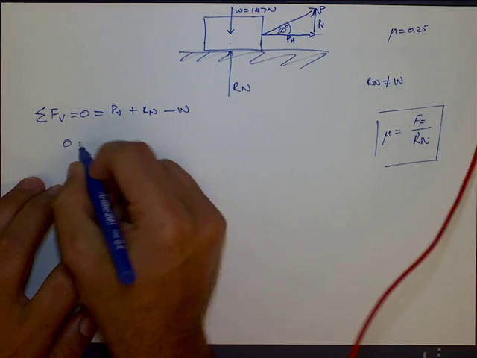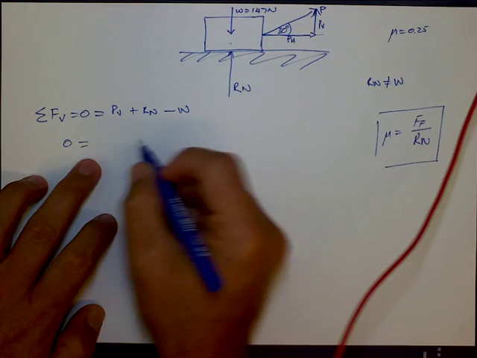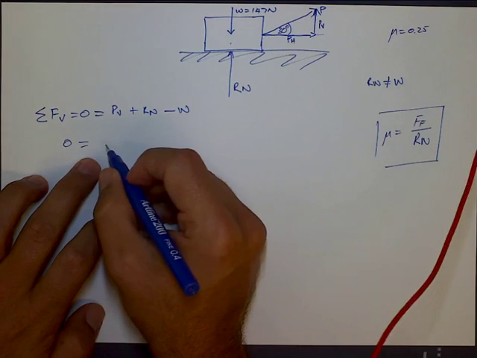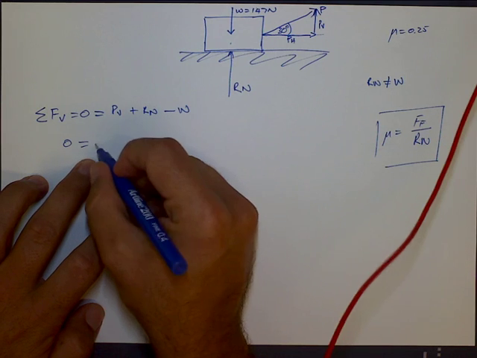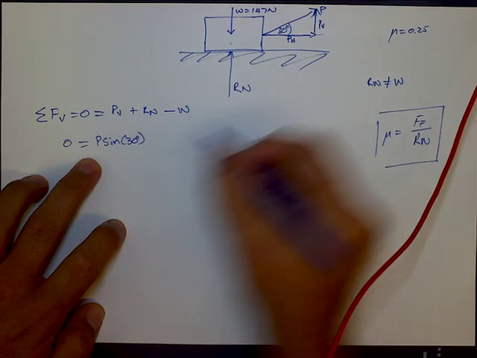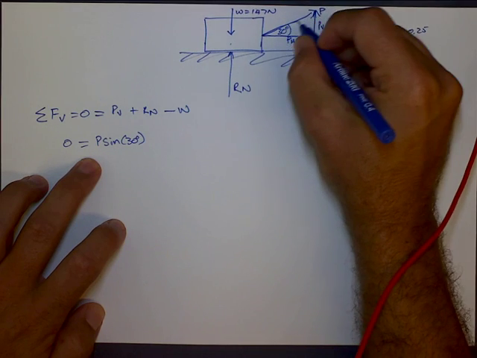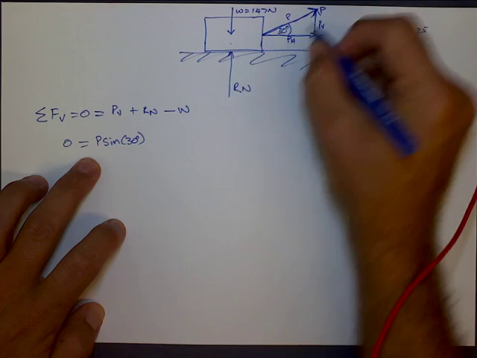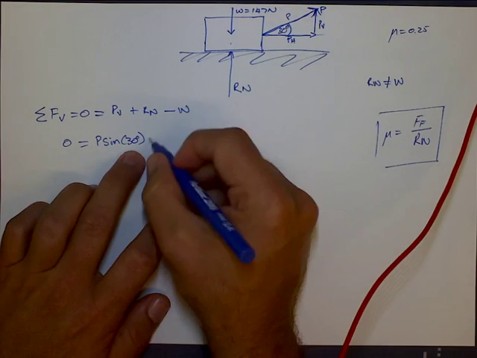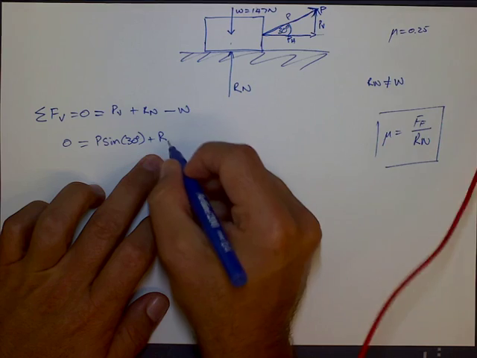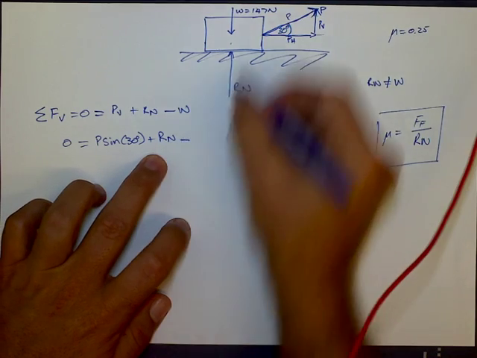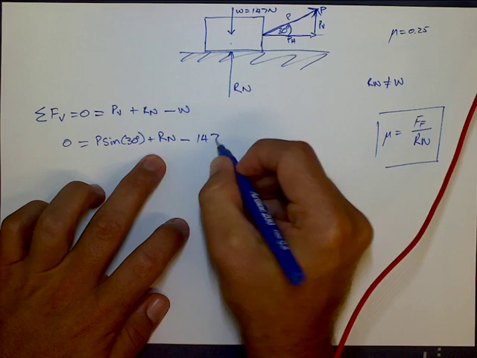So 0 equals the vertical component of P, which at a 30 degree angle is P sine 30, plus our Rn, which we don't know and is not equal to the weight, minus the weight, which we do know, 147.